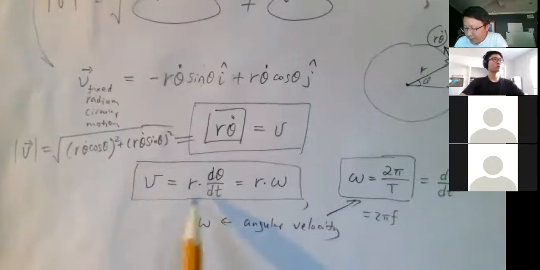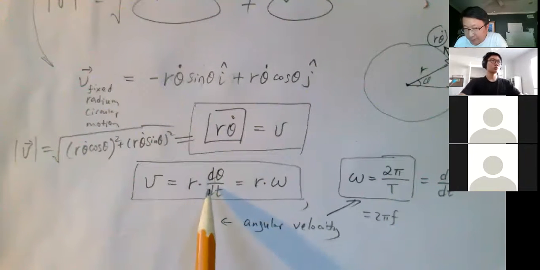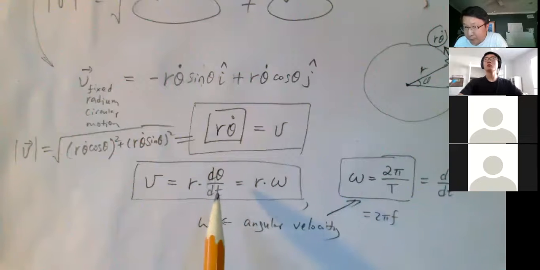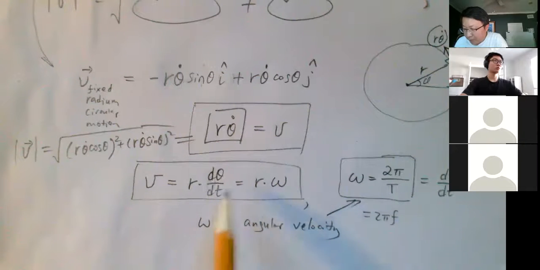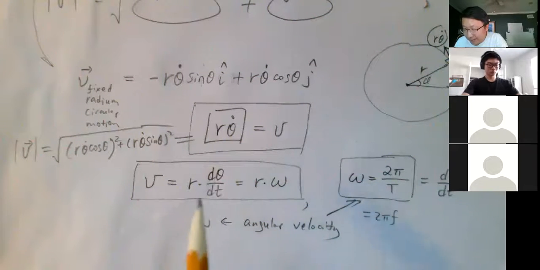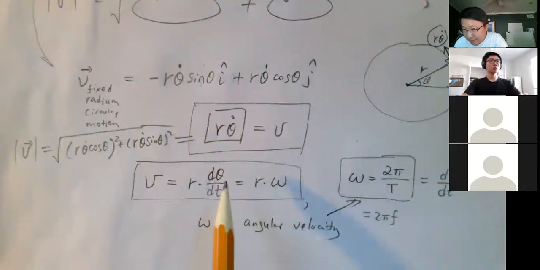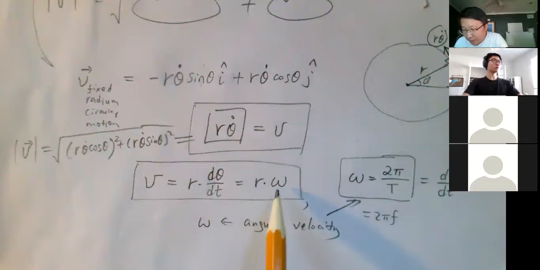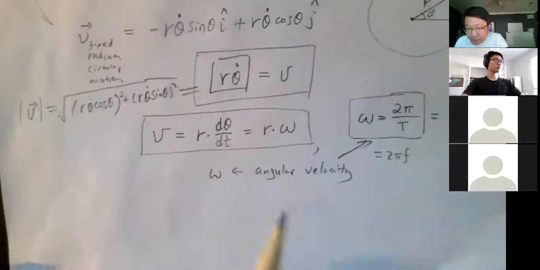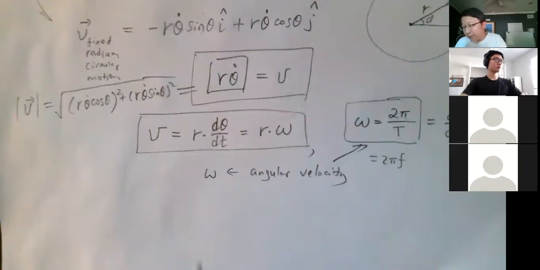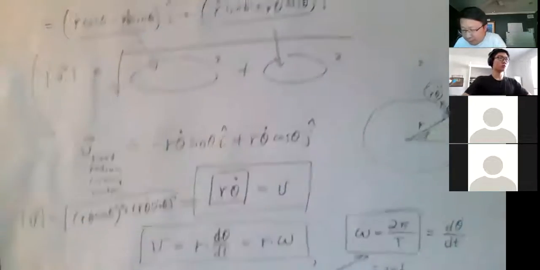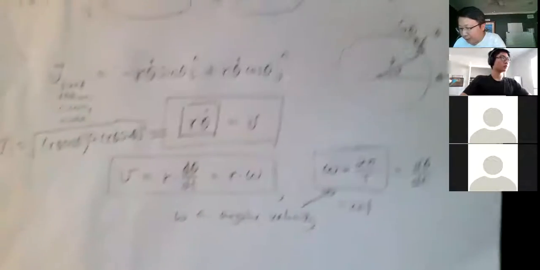So v is radius times angular velocity. Angular velocity is d theta dt, the theta angle time change rate, also called omega. That is angular velocity. So this is velocity, all clear, although dealing with a special case.